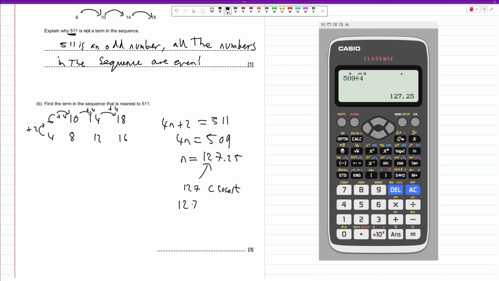So 127 times by 4, add 2. Let's write that down properly. 4 times by 127, add 2 is 509, I think. Oh, no, 510.